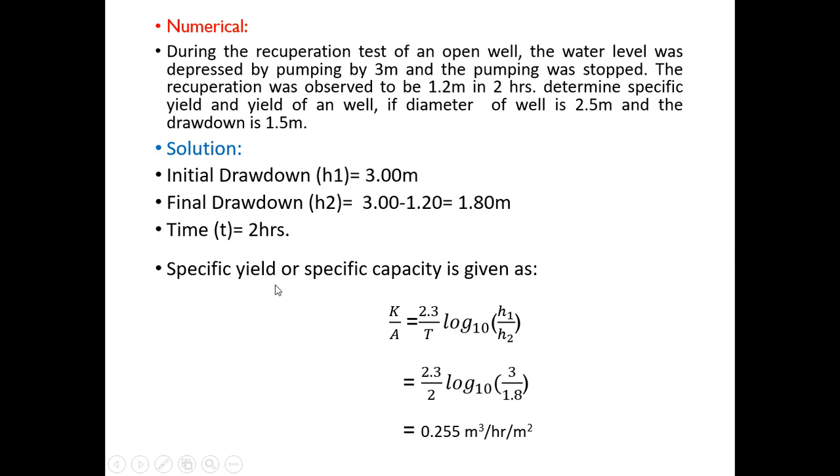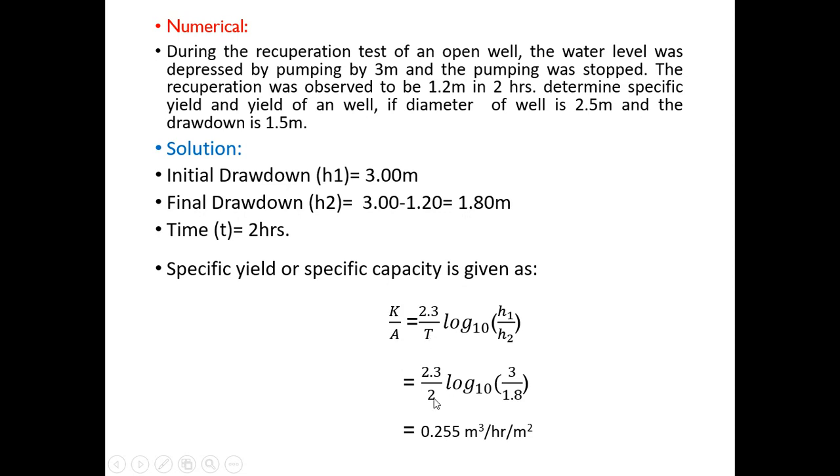Time duration is T. So we know the relationship for specific yield or specific capacity. It is given as K by A, specific yield, equals to 2.3 by T log of H1 upon H2 to the base 10. So here H1, H2 and T we have already discussed. These are the parameters which are given in the recuperation test, or we can find out from the recuperation test.